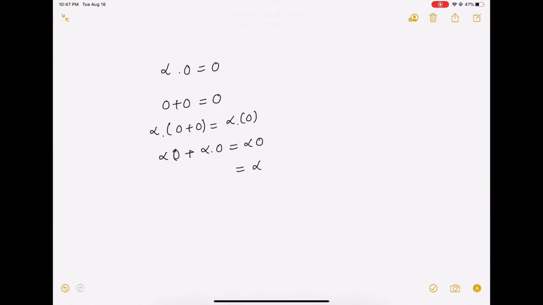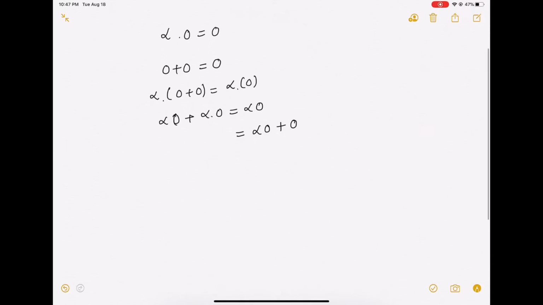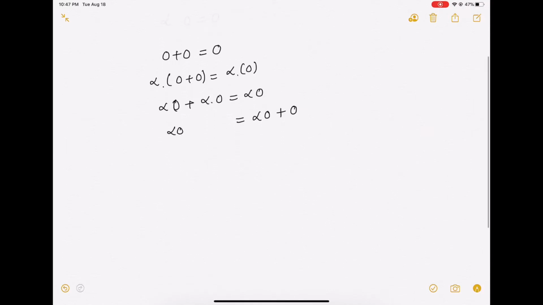Again, making use of identity property, alpha 0 can be written as alpha 0 plus 0. And again, making use of the cancellation law, we get alpha 0 equal to 0.